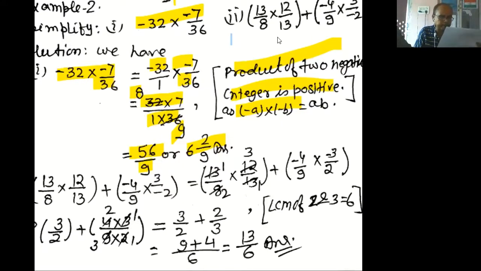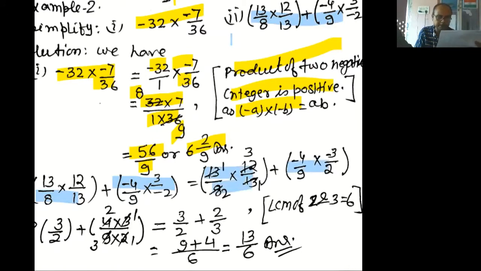The second question is bracket 13 upon 8 multiply 12 upon 13 bracket close plus bracket minus 4 upon 9 into 3 upon minus 2. We can write it as 13 upon 8 into 12 upon 13 plus minus 4 upon 9 into minus 3 upon 2 in standard form.